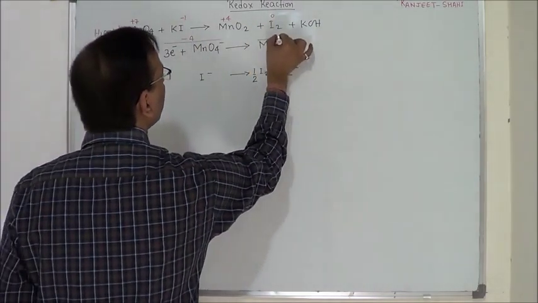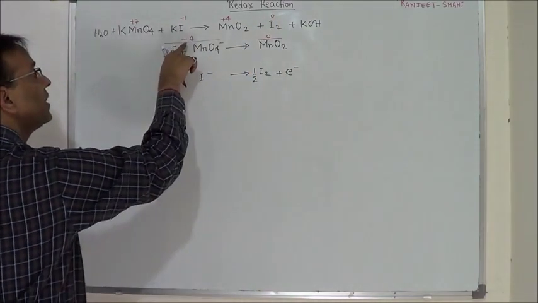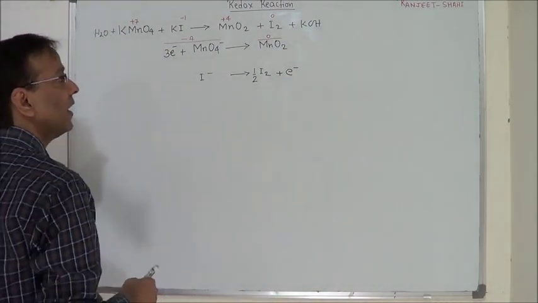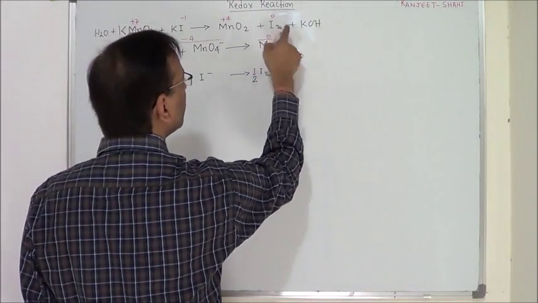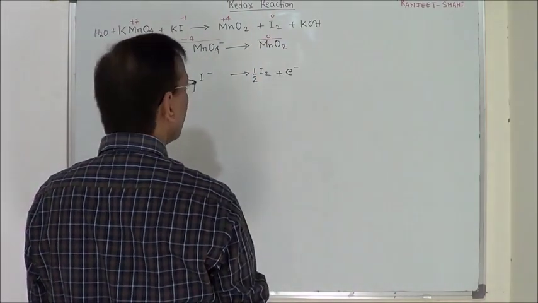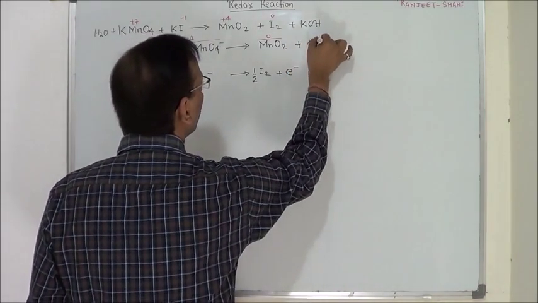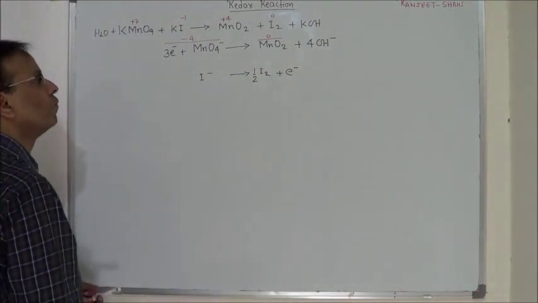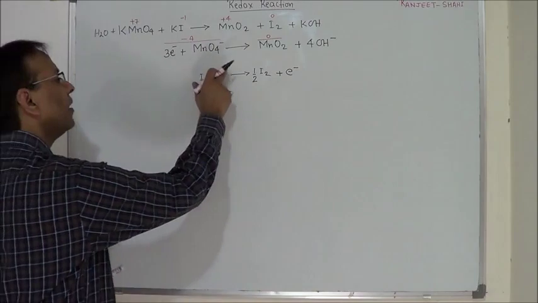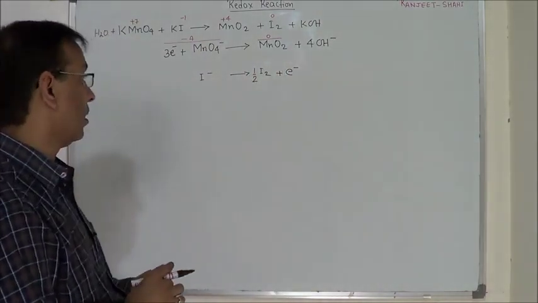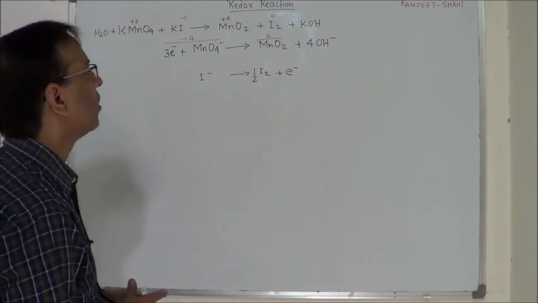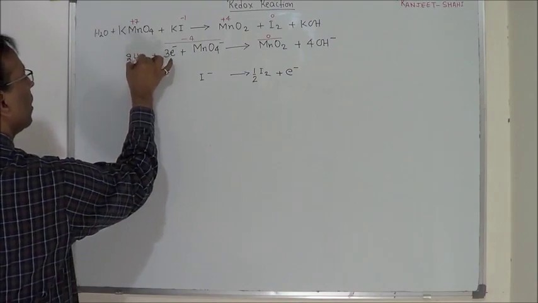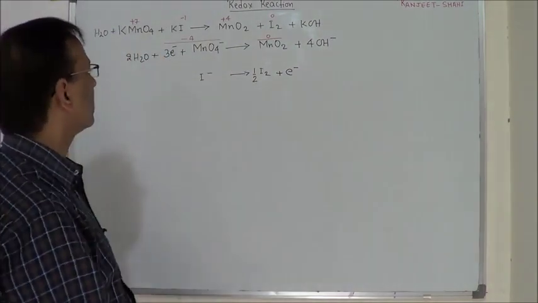So this side is lower, and this minus 4, smaller charge, should be equated in basic medium. So on the right side, it is now 0, we will have to make minus 4. So 4OH minus will make minus 4 on both sides. In the second reaction, charge is already balanced, minus 1, minus 1. Then hydrogen oxygen: we have 4 hydrogen, so 2 water. There is no hydrogen oxygen in the second reaction.